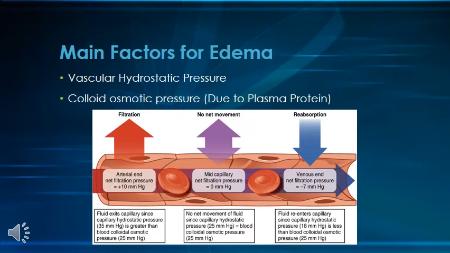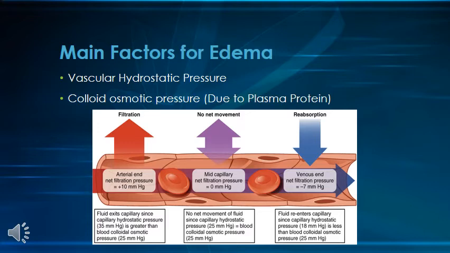So if we subtract osmotic pressure from hydrostatic pressure, we get a result of plus 10 millimeter of mercury. It means if the result is positive, then fluid will move out of the vessel. So net filtration pressure is plus 10 millimeter of mercury.